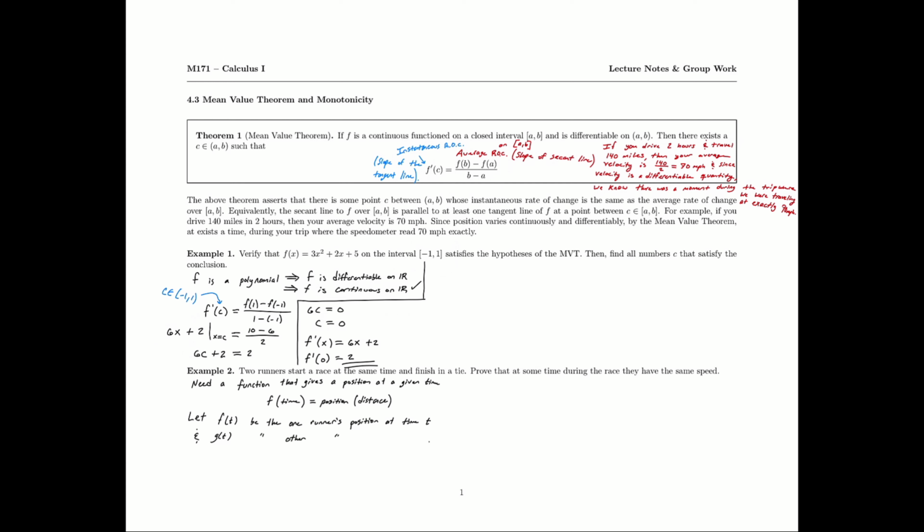So it doesn't matter which runner. One of them is going to be f of t, the other one's going to be g of t. So we now have two position functions, so each of which we can supply a t value, and then it will tell us how far that particular runner has run since the start of the race. So let's go ahead and talk about that now.